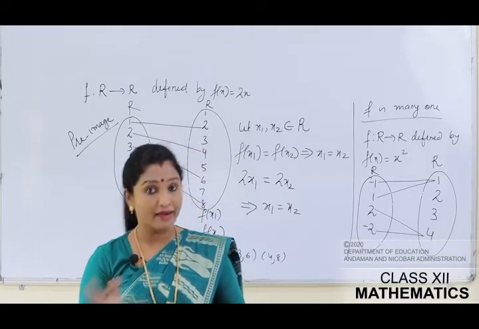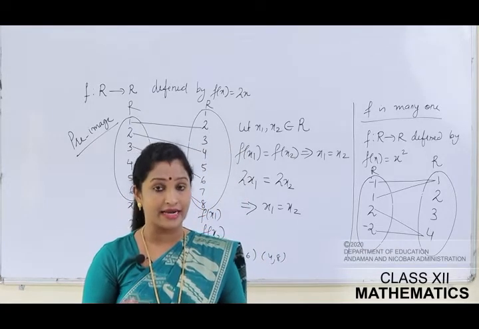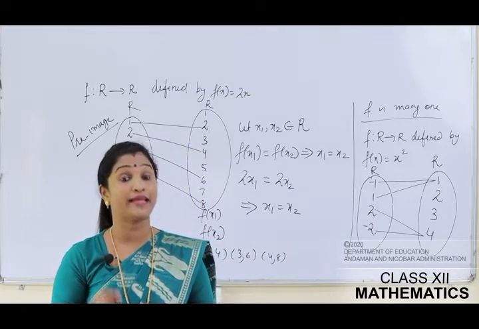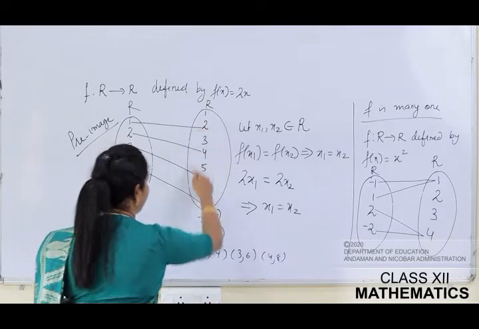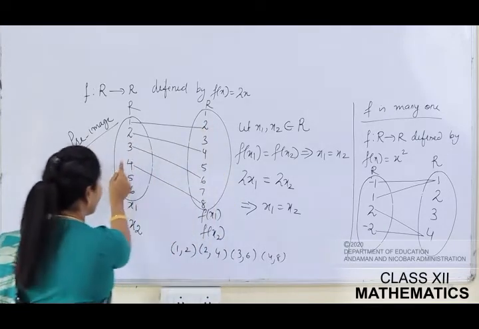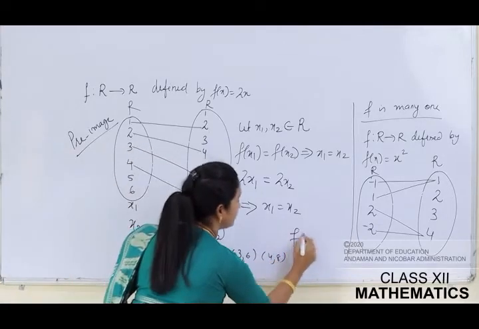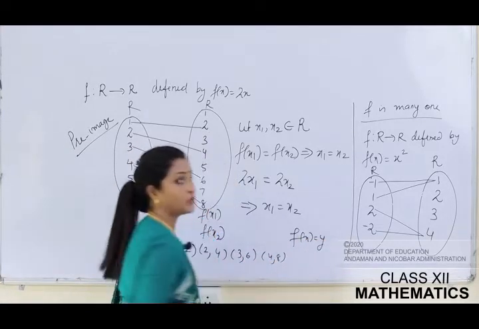Okay, and mathematically the second definition says that is, for every y belongs to capital Y, there exists an element x. That means for every y there should be one x such that fx is equal to y.